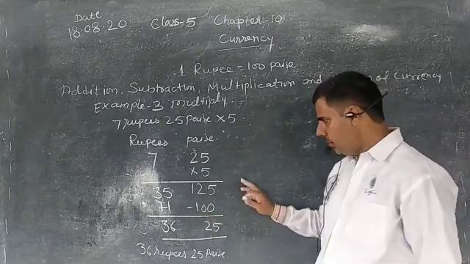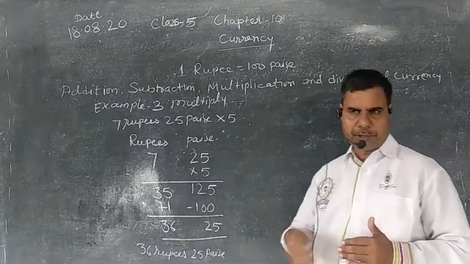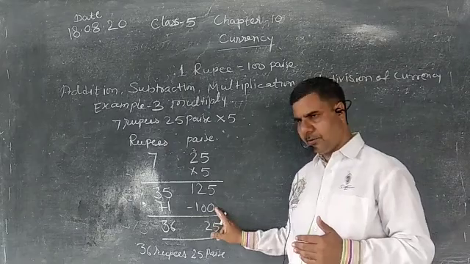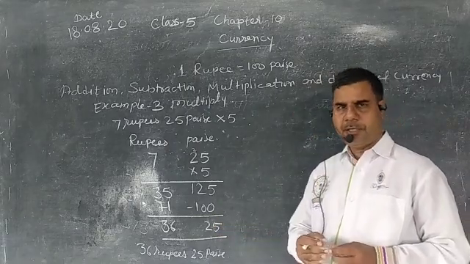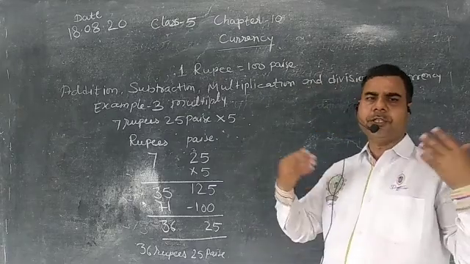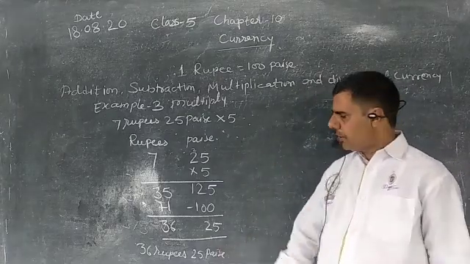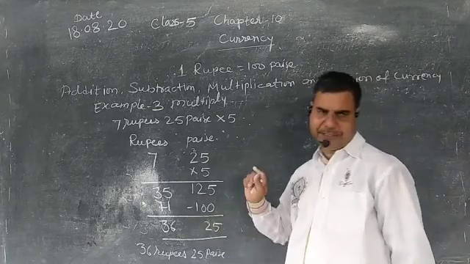If in the paise column there is 125 or more than 100, then we shall subtract 100. If in the paise column there are 225 or 250 paise, means above 200, then we shall subtract 200.